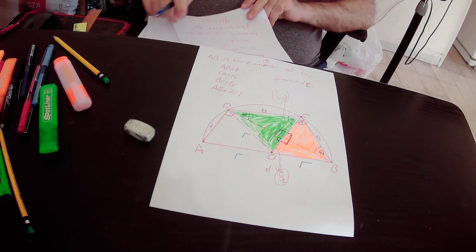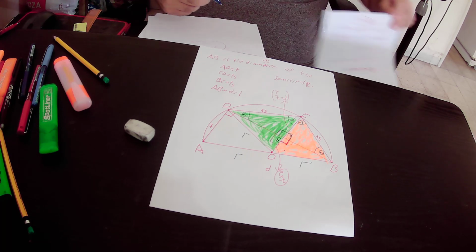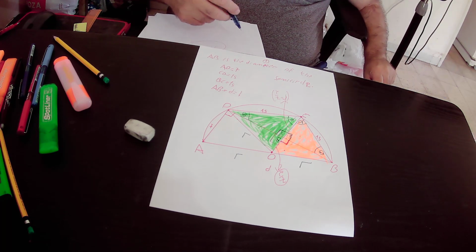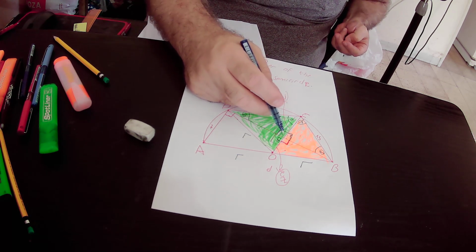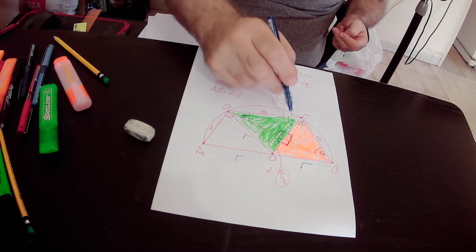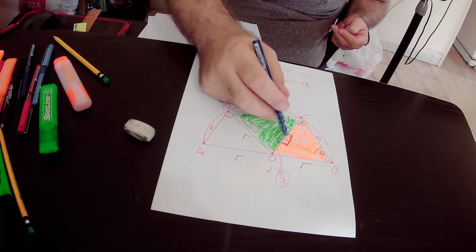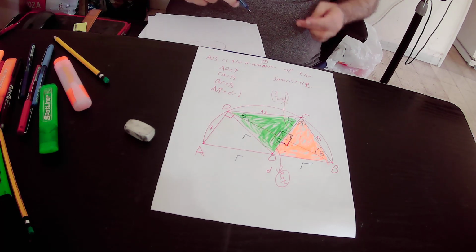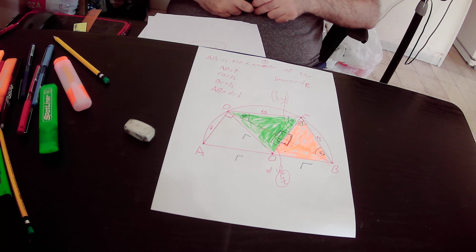So we actually found out that three angles around point E are right angles. This is a right angle, this is a right angle, and this is also a right angle. But we have the rule that around any point the sum of the angles is always 360 degrees.